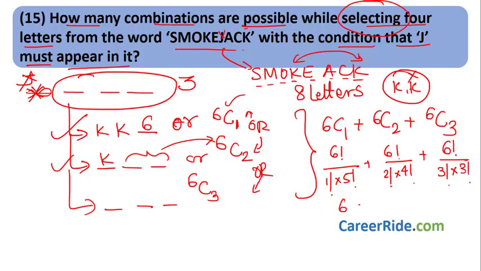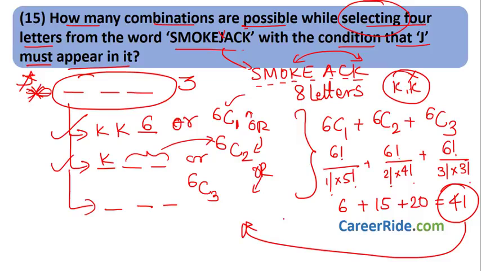This would be 6 plus 15 plus 20, that would be 41 ways it is possible while selecting 3 letters from the word SMOKEJACK. See, we do not need any more formulas, just know the combination formula, just use simple common sense and we can solve the sum, right?